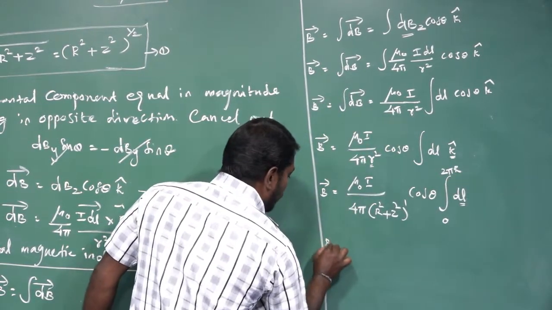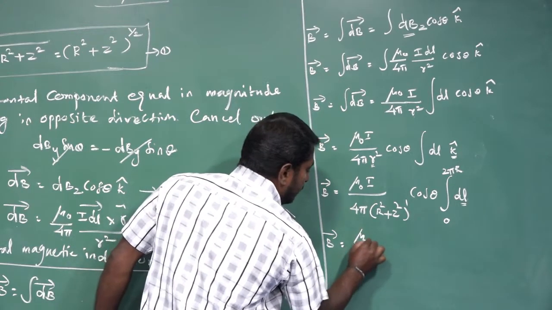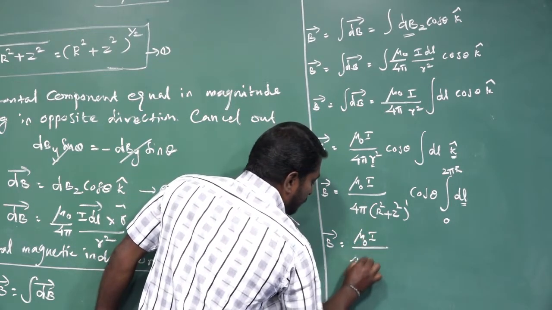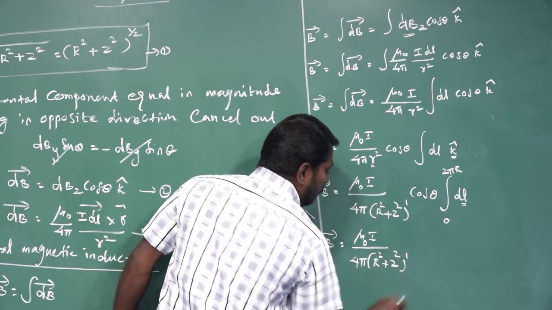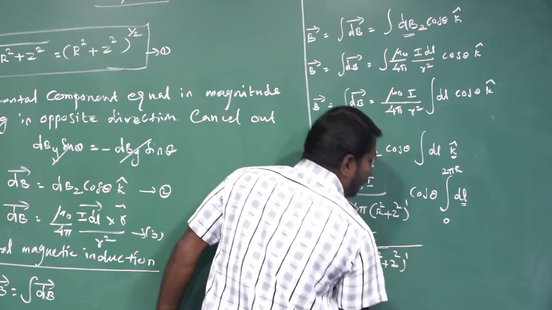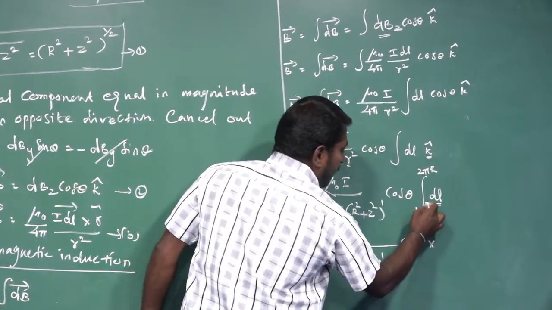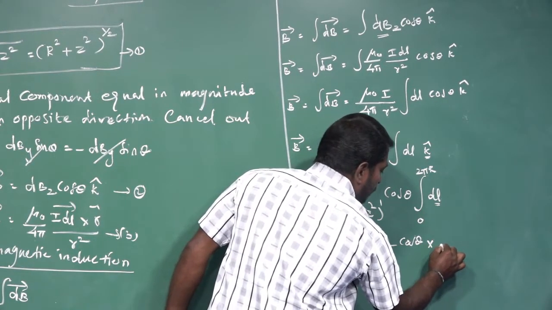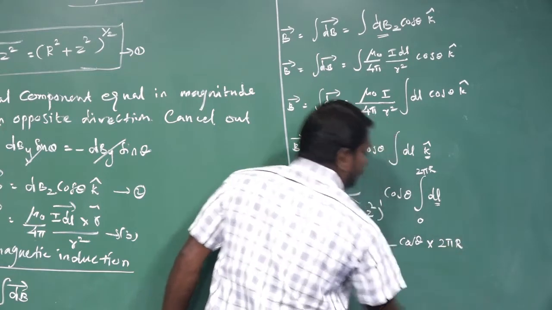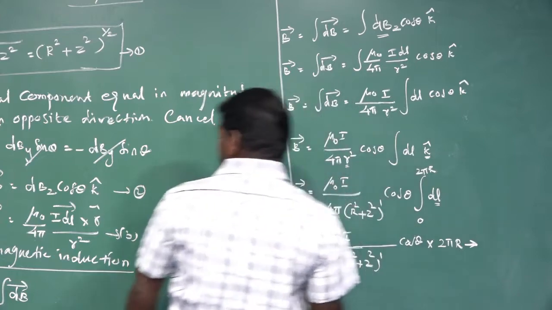Therefore, the total magnetic induction at this point P due to the entire circular coil is mu naught I divided by 4 pi, R square plus Z square whole power 1, cos theta, into the integration from 0 to 2 pi r. Equation number 3.